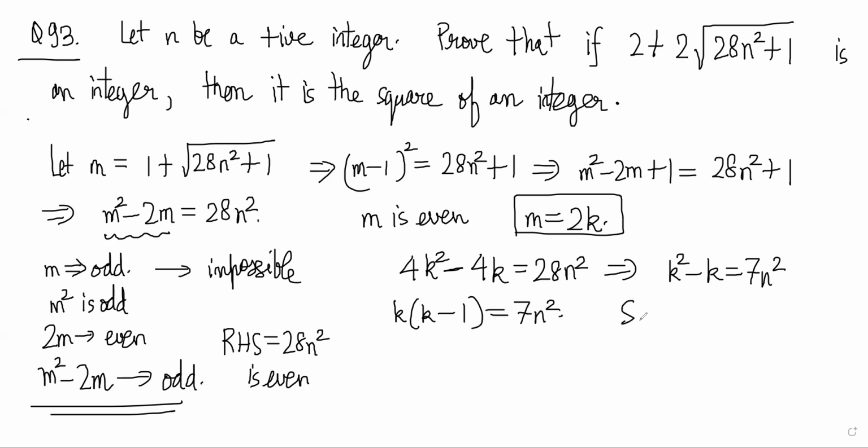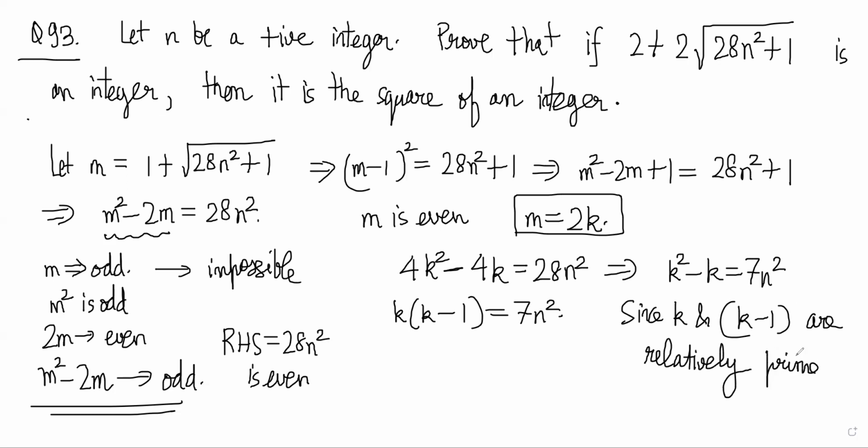And since k and k minus 1 are relatively prime to each other, they don't have any common factors. Therefore, one of them is a square.